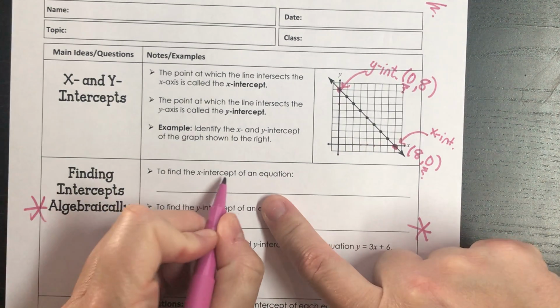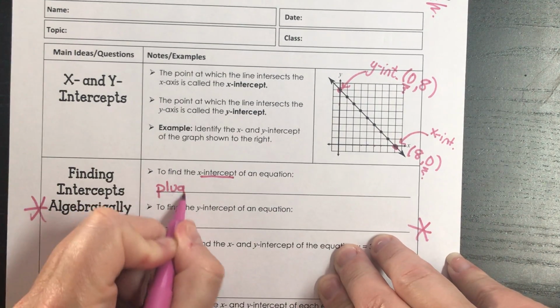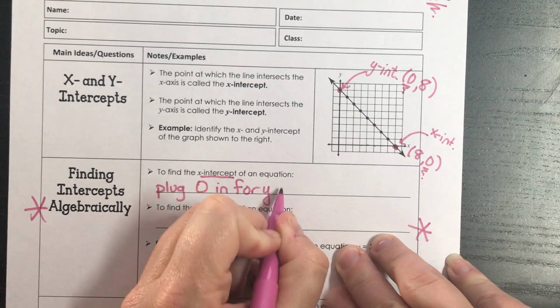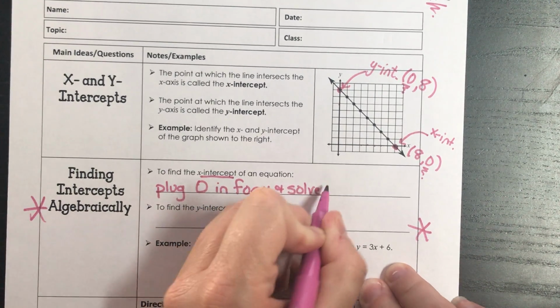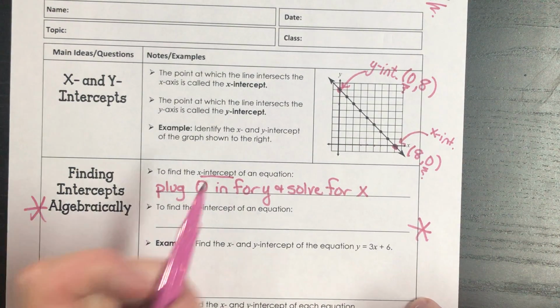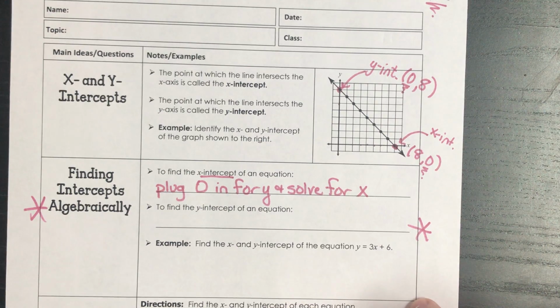So to find the x-intercept of an equation, you're going to plug 0 in for y and solve for x. That's the main thing. When you are solving for the x-intercept, you only want x left over. So you're going to plug a 0 in for y.